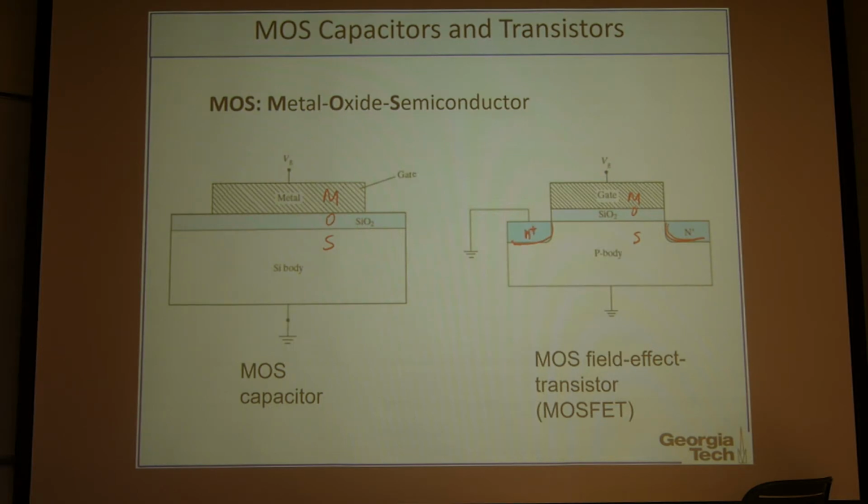And the substrate, let's say, can be P-type, so it's a P-type body. So if you do this kind of modification, then you will get this MOSFET, MOS field effect transistor. And in this case, it's an N-type MOS.